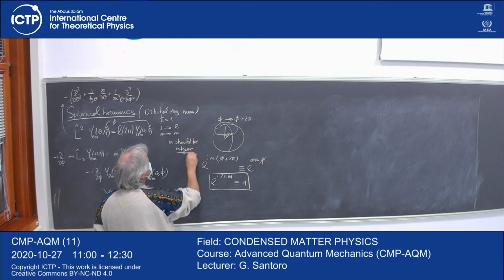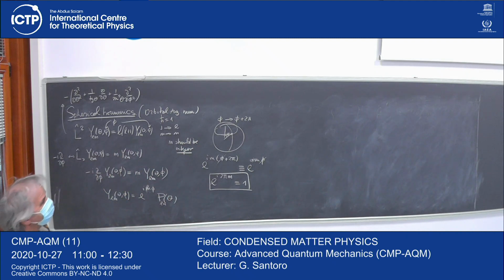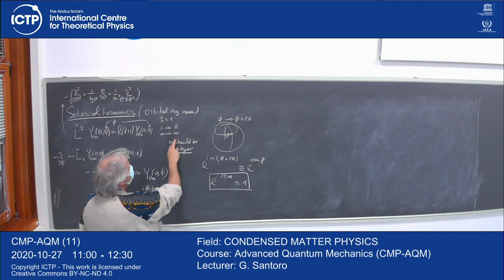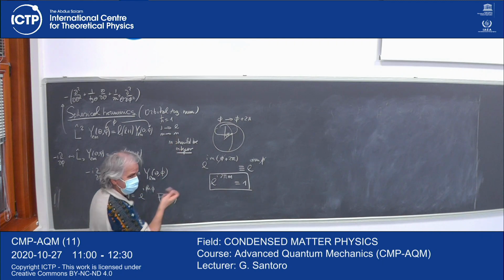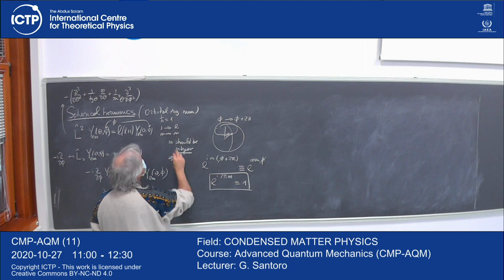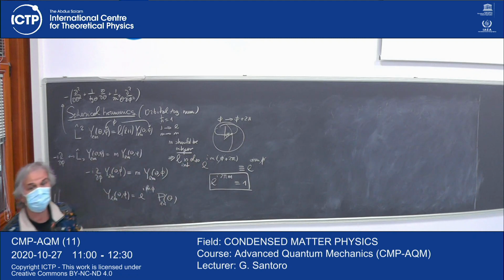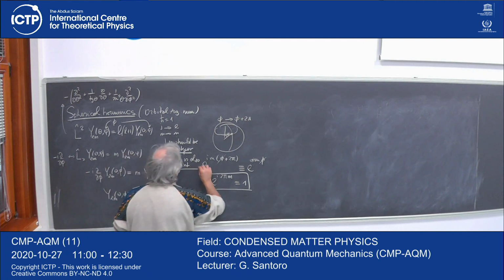It's a very nice conclusion. For orbital angular momentum, the quantum numbers m are integer. Otherwise the function is not defined, which means that L is also integer. So half integer is not good for orbital angular momentum. This is the first interesting conclusion.